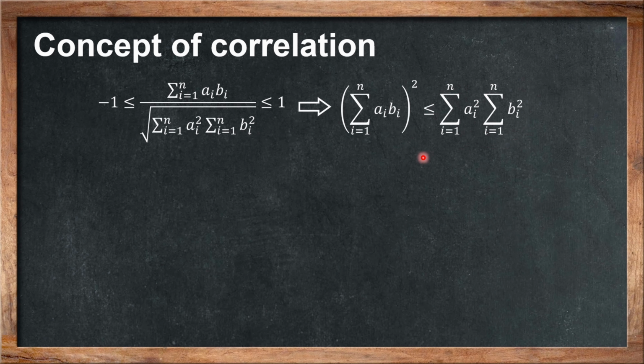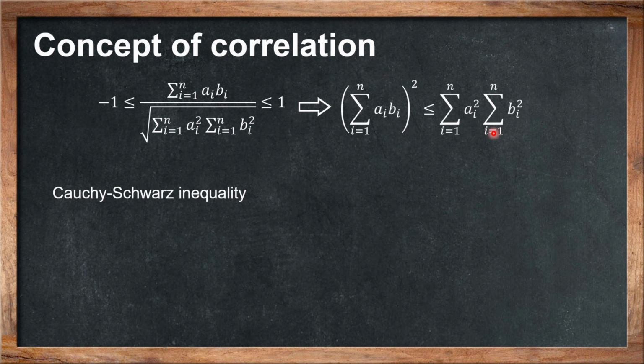This inequality in mathematics is called the Cauchy-Schwarz inequality. Let's briefly show the proof for this inequality for n equals 2. It can, of course, be easily extended for any n, the number of observations that we have.